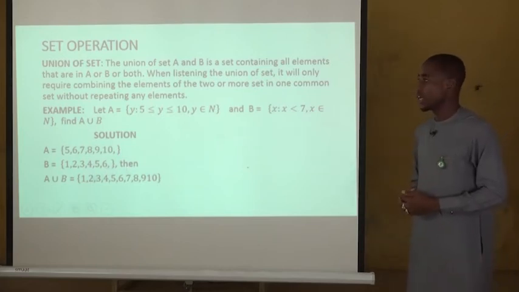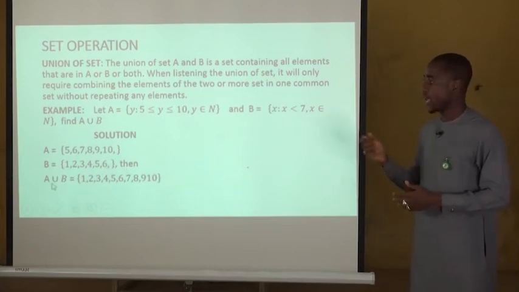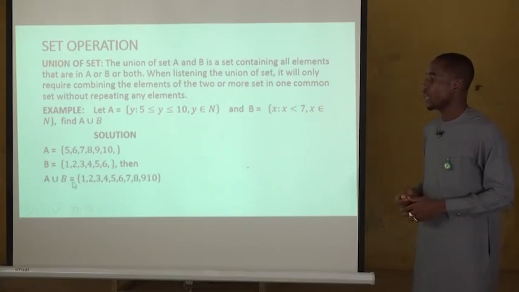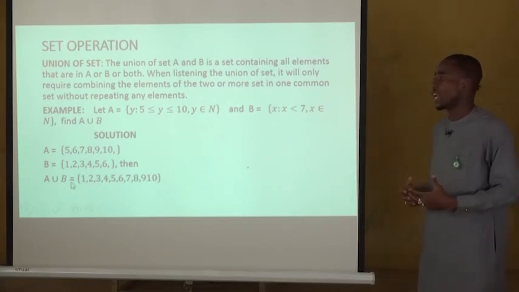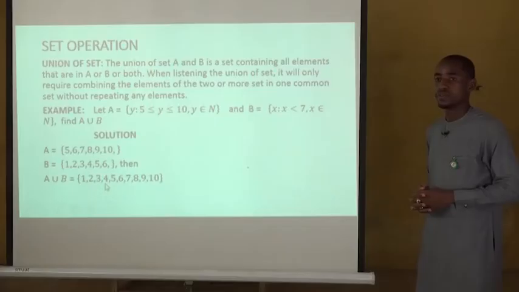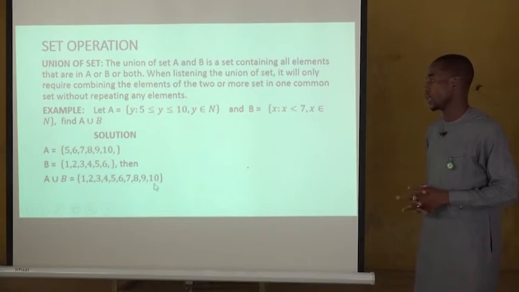Then A union B, that is what we are going to find. A union B will be the combination of the elements in set A and set B, which is the set of elements 1, 2, 3, 4, 5, 6, 7, 8, 9, and 10.